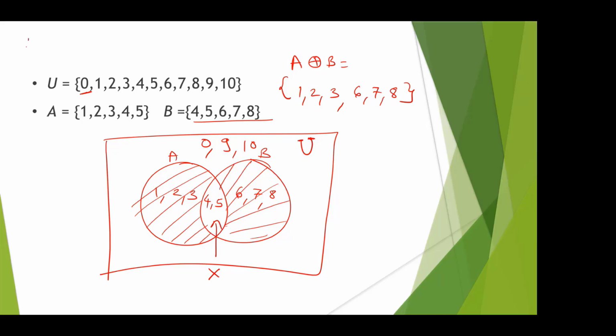By definition, we can also say that the symmetric difference is A union B, and from that, if we remove the elements of A intersection B, it gives me the symmetric difference or exclusive OR. The elements which are present in both, we exclude, only taking the ones which are exclusively in A or exclusively in B.